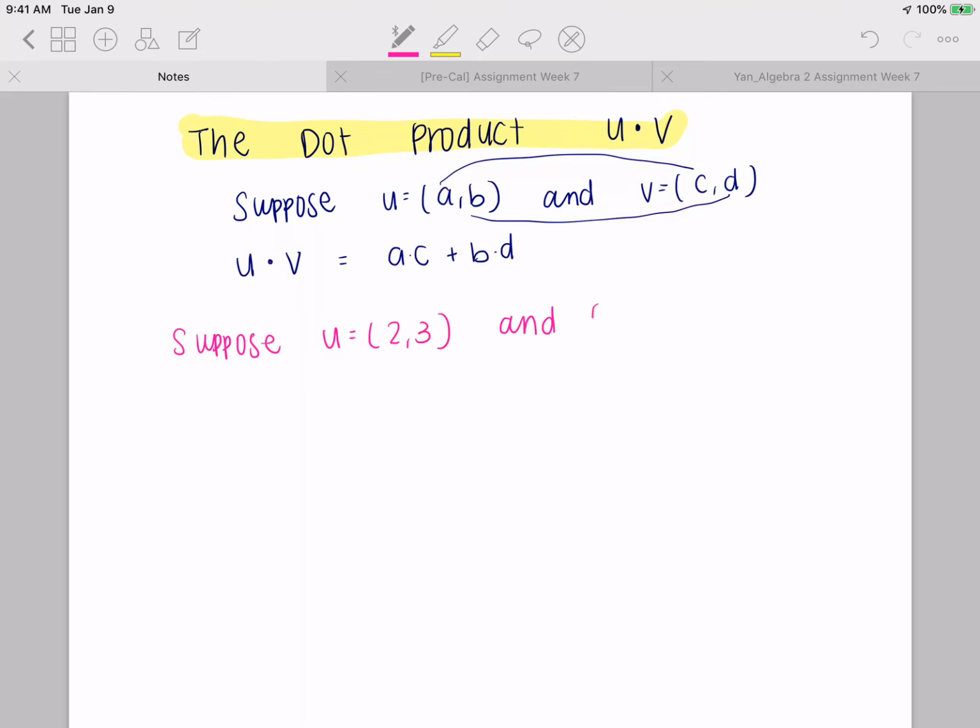Okay, one more example. Suppose u equals negative 3 comma 2 and v equals 4 comma 5. So what would be u times v?